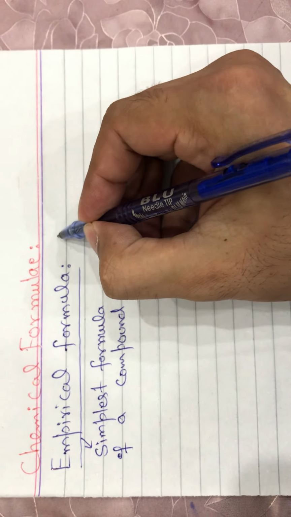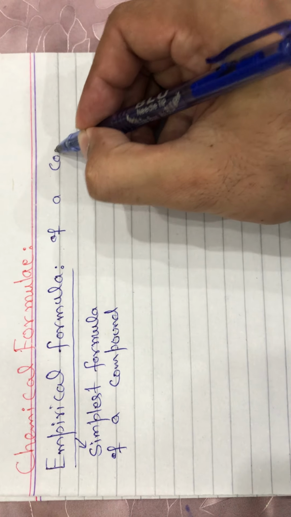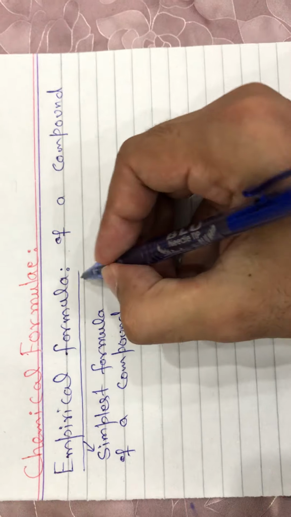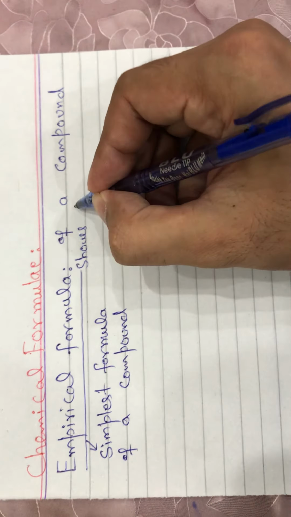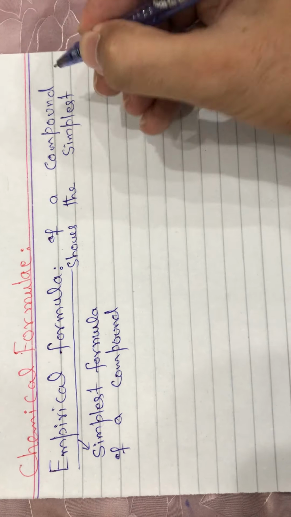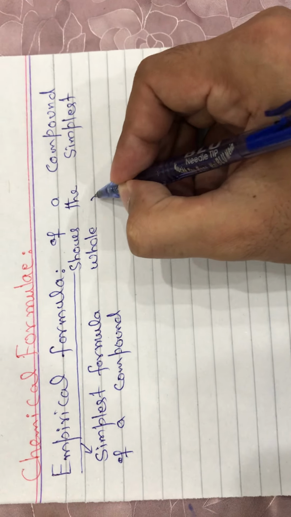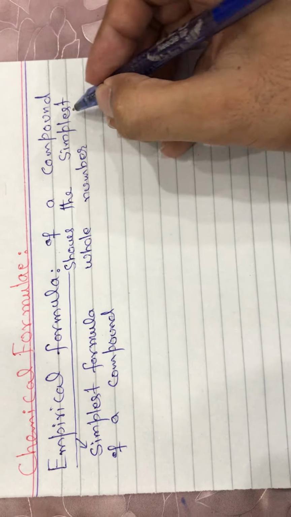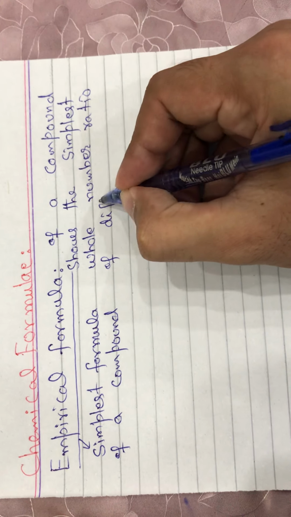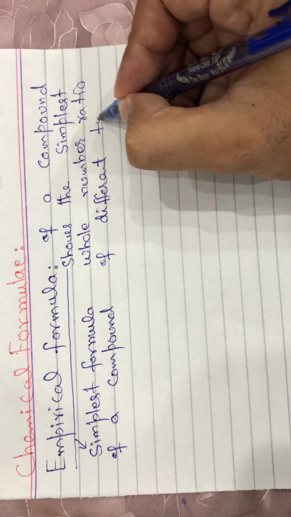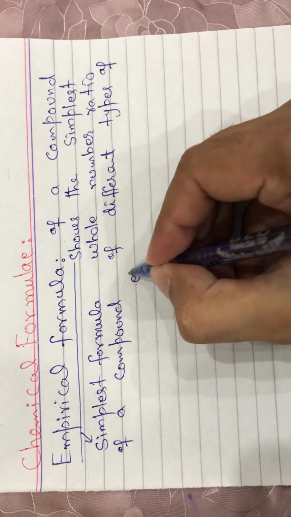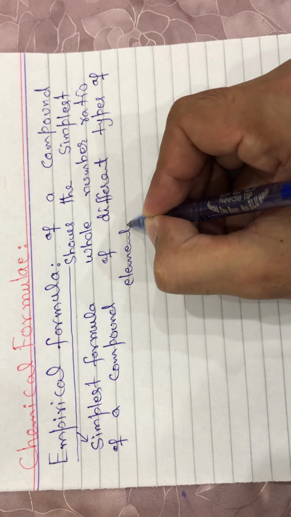The empirical formula of a compound shows the simplest whole number ratio of different types of elements or atoms of elements in it.